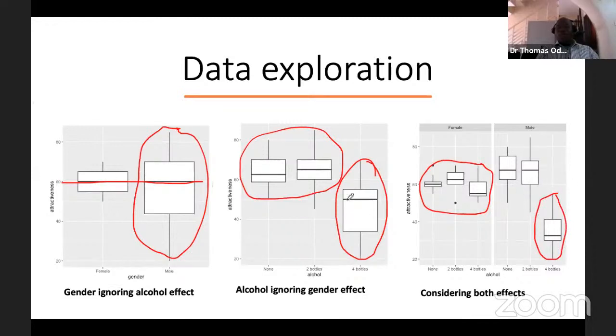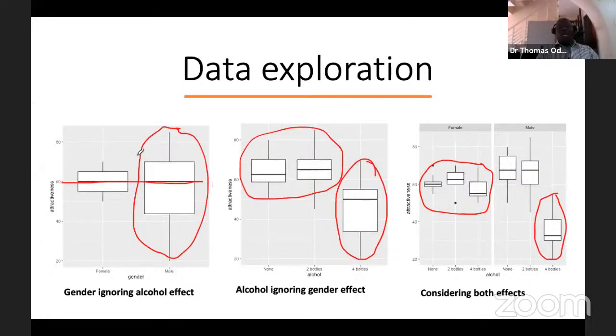So what we are interested in studying is the effect of alcohol on mate selection, and then we're also trying to look at the effect of sex on mate selection, and then we want to see whether there is actually an interaction between the two.